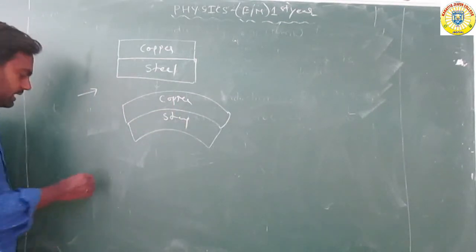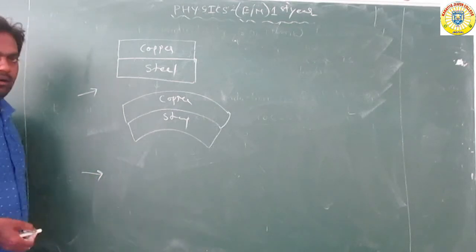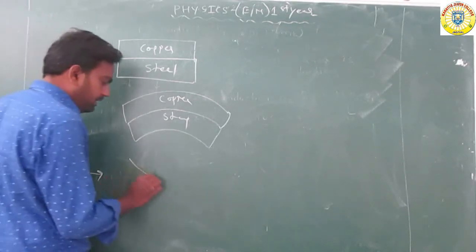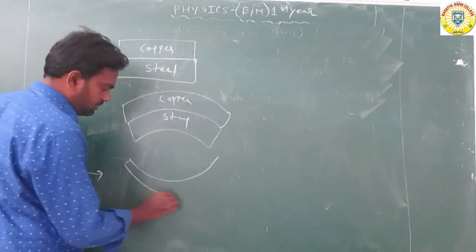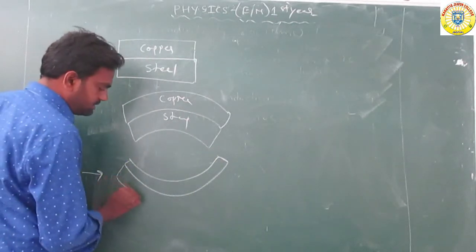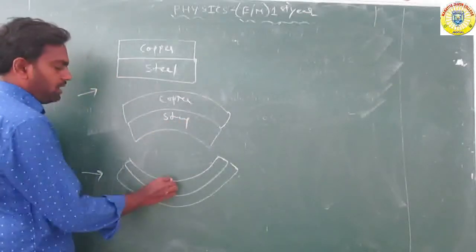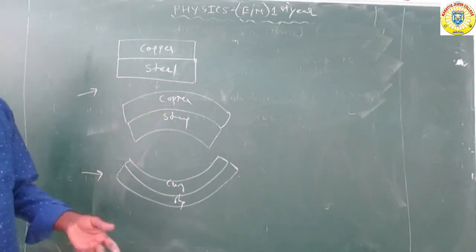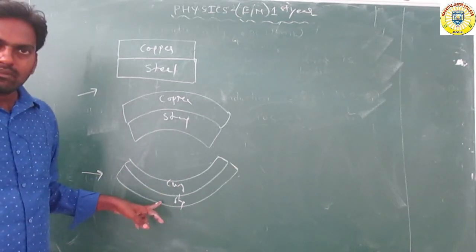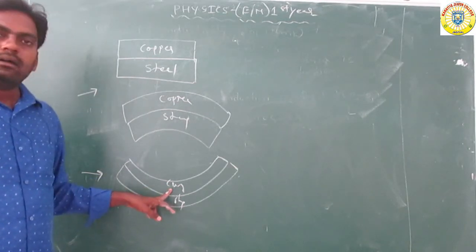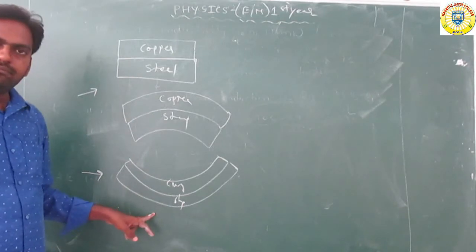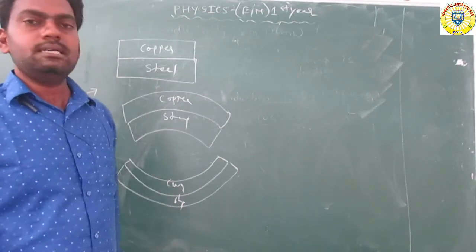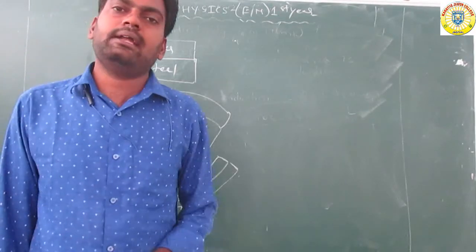Now another case is taken: the bimetallic strip is cooled further. Here copper contracts more compared to steel, so the strip bends the other way, with copper on the concave side.